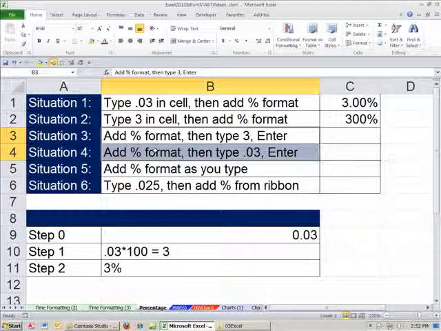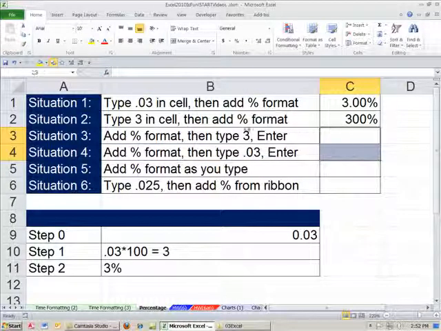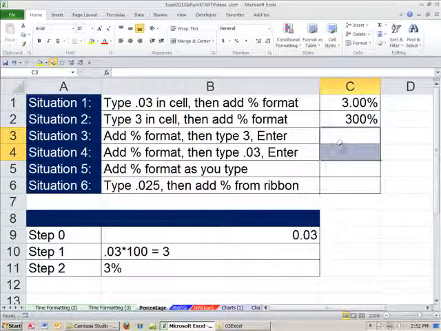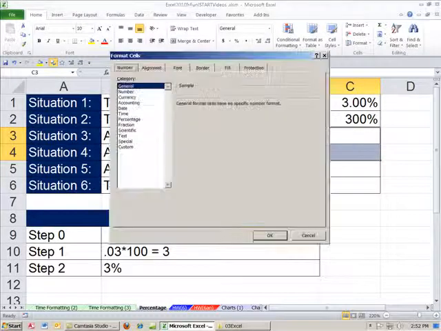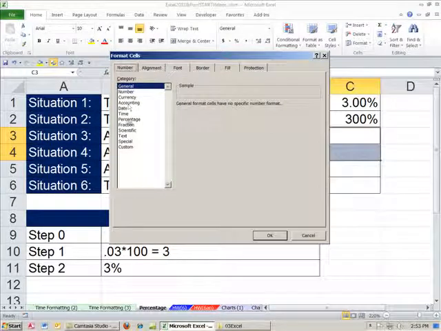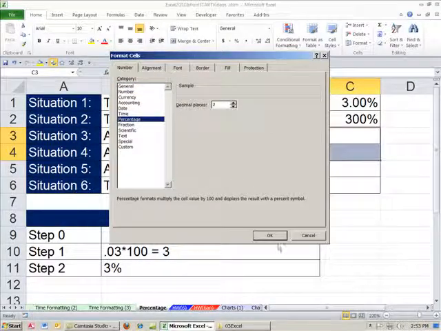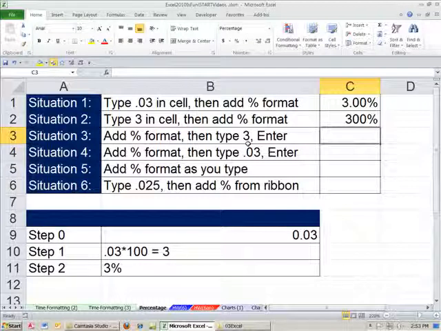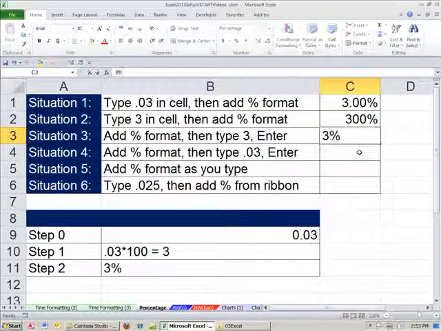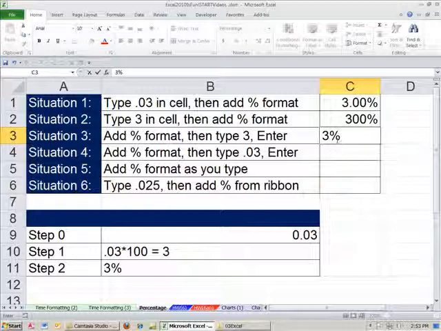The next 2 situations are when we pre-format. And it seems to me there's an inconsistency here. But once we see it, we'll know what it means when we run into it. We're going to pre-format these. Control 1, percentage, 2 decimals. OK. Now watch this. We're going to type the number 3 in, just as we tried to do up here. 3. Because it's pre-formatted, that percentage symbol pops up.